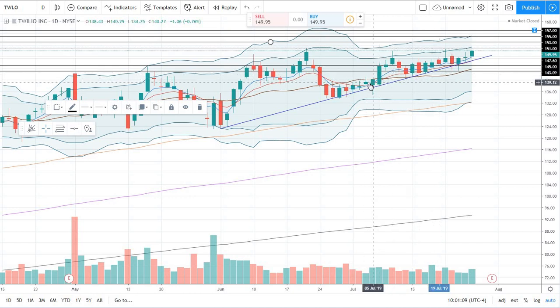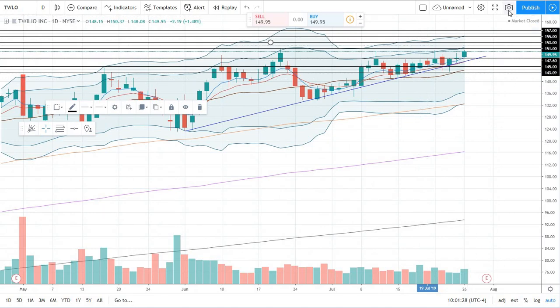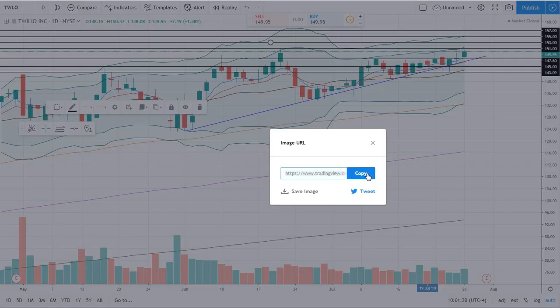Here it's got a lot of room to move up before it hits the Bollinger Bands, whereas here we only have a couple dollars of room before it's probably going to have to come back. Just something to keep in mind. But again, sometimes they can just blast off like TTD and go up 10 or 20 bucks, so you never know. Okay, so we'll copy that, throw it in Slack.